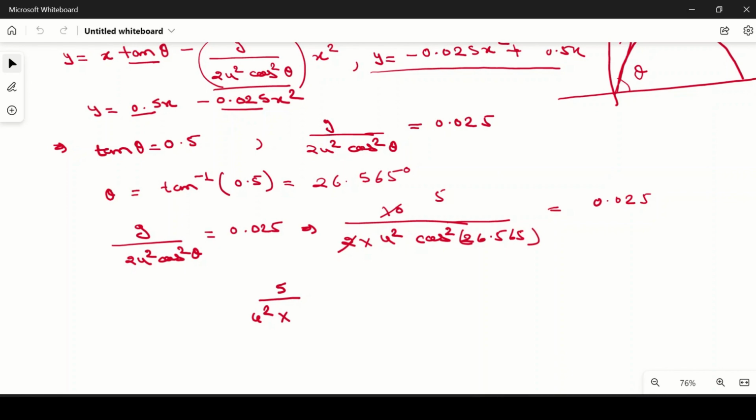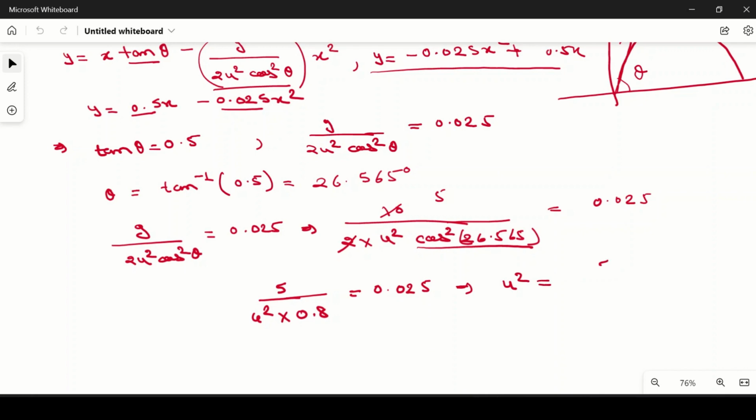So cos 26.565 is 0.8944. So we'll have 0.8944 square, we will get 0.8 into 0.8. This is cos square 26.565 is equal to 0.025. So we have u square. U will go this side and 0.025 will come down.